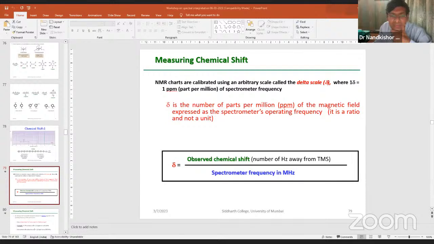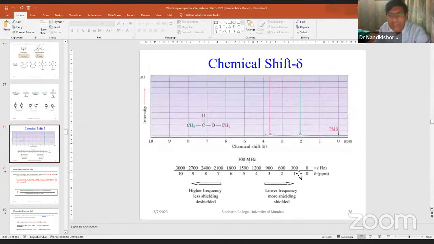Now, if you look at this diagram, 300 is considered to be 1, 600 is considered to be 2. Straight away, 300 divided by 300 will be 1, 600 divided by 300 is 2, 900 divided by 300 is 3, and so on. If you see a 100 megahertz instrument, then what will be the scale? It will be 100, 200, 300, and so on.